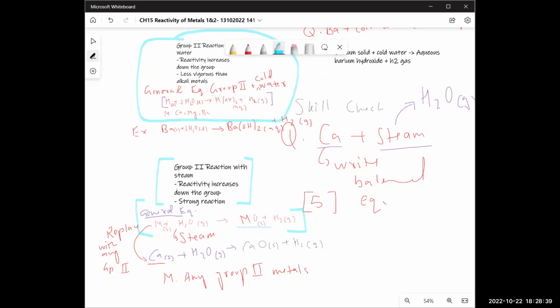They form metal oxide plus hydrogen. With steam, yes, they form metal oxide plus hydrogen gas. The hydrogen gas is a common thing with water, but the difference is with cold water you get a hydroxide, but with steam you get an oxide.